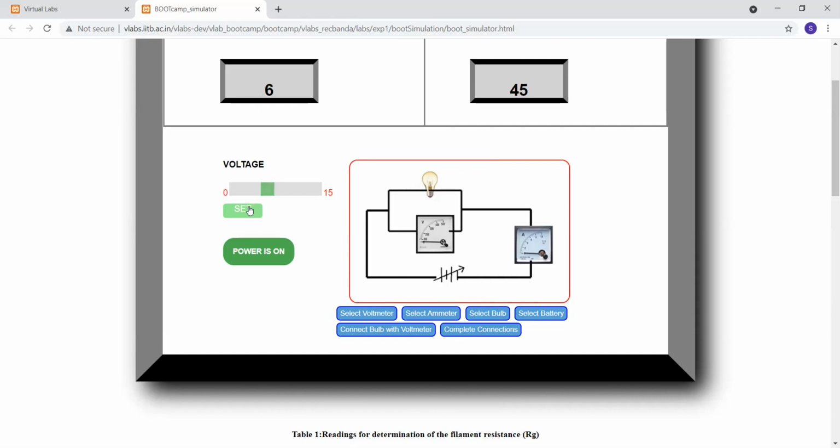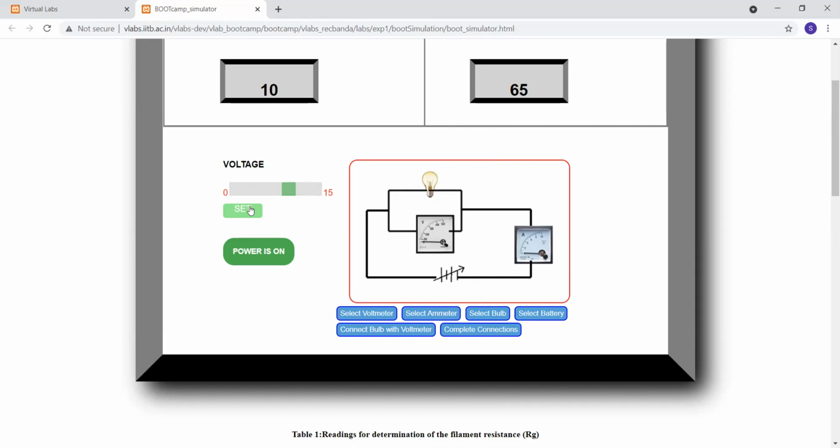Then 6, current 45. Then 7, current 50. Then 7.9, current 54.5. Then 8.3. Take any 10 readings. 10, current 65.